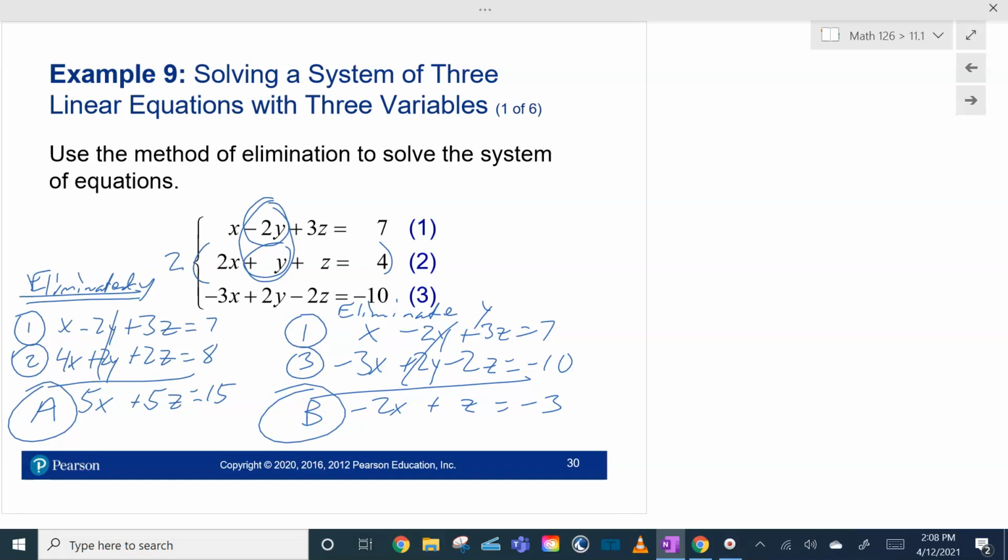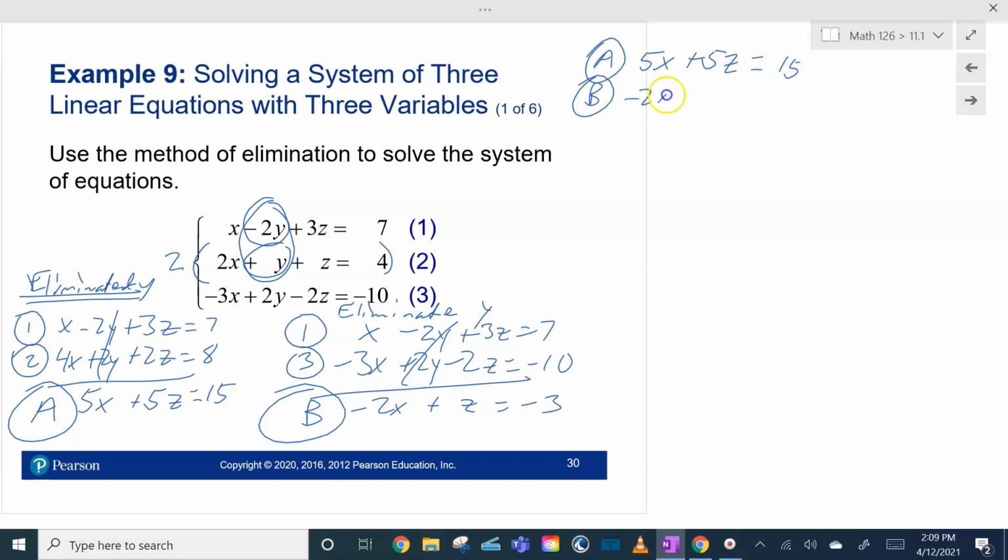So now I'm going to use equations A and B, and I'm going to eliminate a variable with each of those. I'm going to treat it like two linear equations and two unknowns, so I do the exact same things we were just doing before. A is 5x plus 5z equals 15.